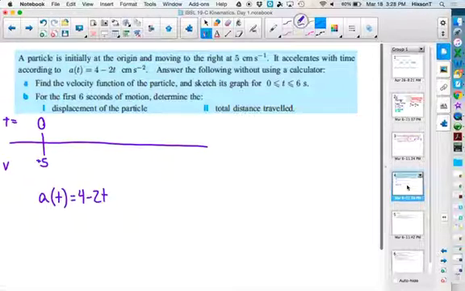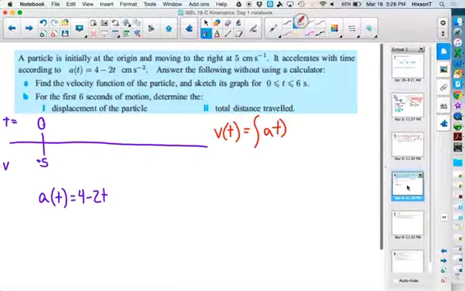How would I find the velocity? The integral of acceleration. Excellent. Our velocity is the integral of acceleration with respect to time.